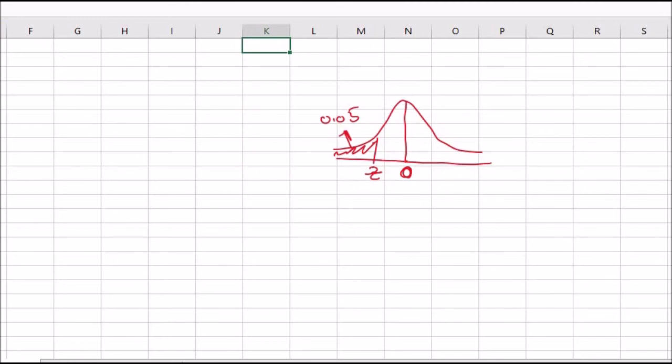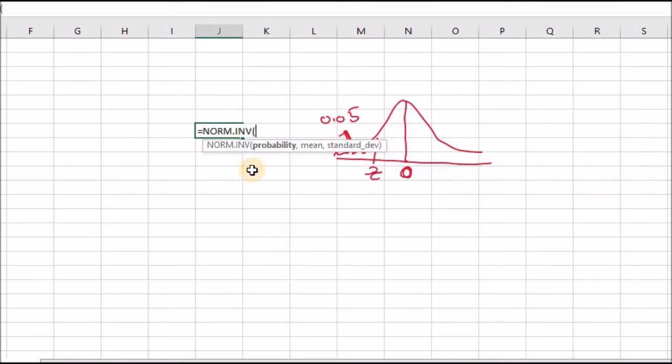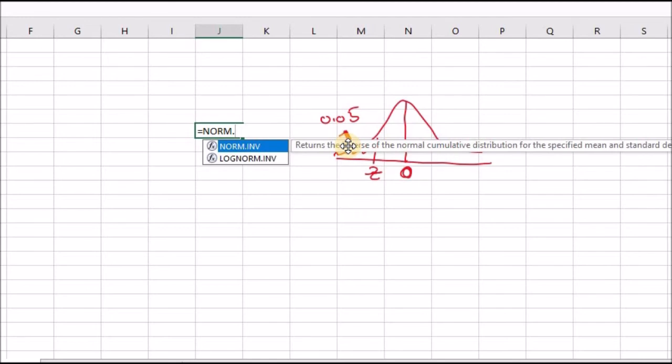So I'm going to use the function norm dot inverse to find that value. And since I'm talking about the standard one, the mean is going to be 0 and the standard deviation is equal to 1. Or I could just use the S, the standard one, right away.